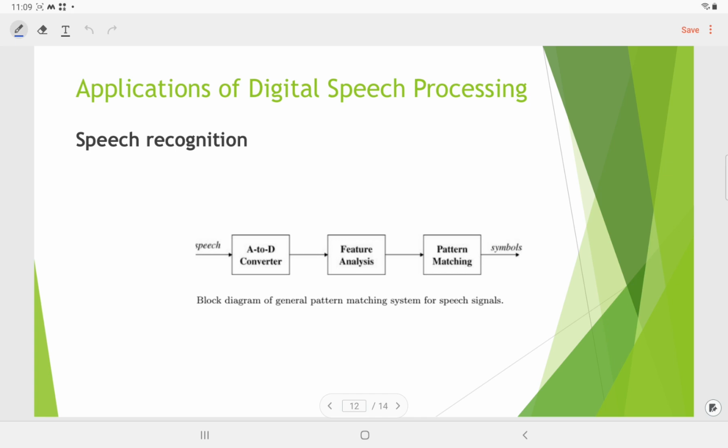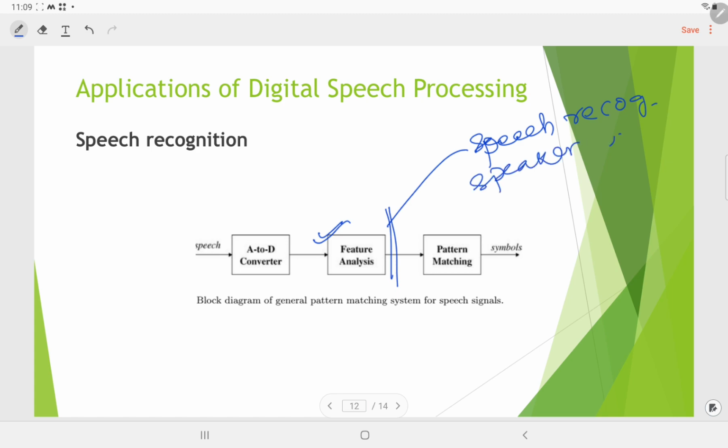So once you generate the features from a speech signal, after this block the features can be used for speech recognition, or for speaker recognition, or for word spotting. These are pattern recognition applications.